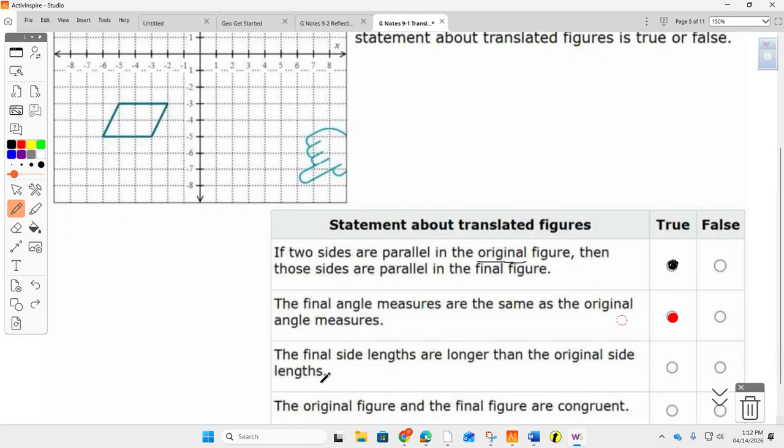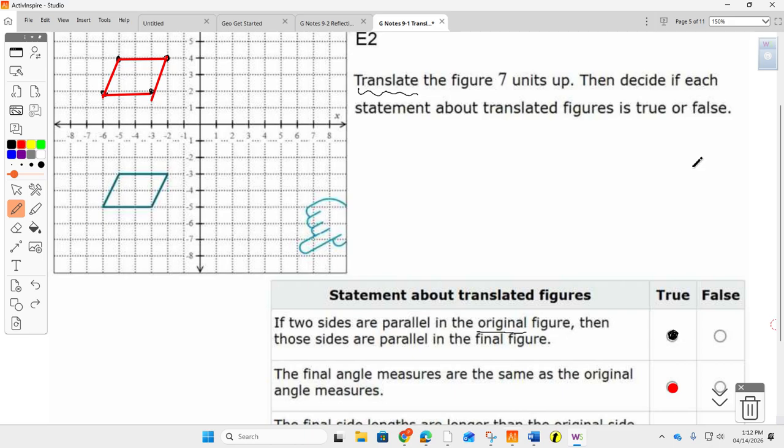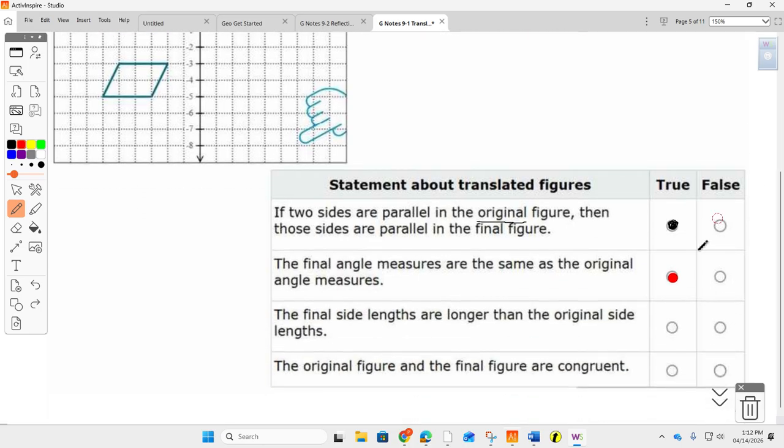The final side lengths are longer than the original lengths. Well, it's pretty easy to count these. 1, 2, 3, 1, 2, 3. But really what we need to remember is that it's a non-rigid motion. Those side lengths can't change. Otherwise the size would change. The original figure and the final figure are congruent. Do you think that's true or false? True. It's true, right?